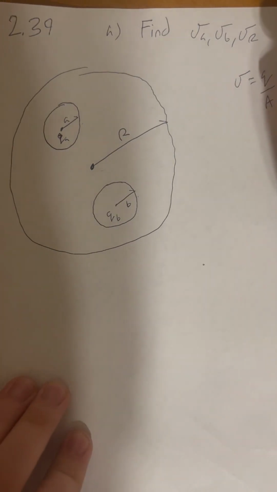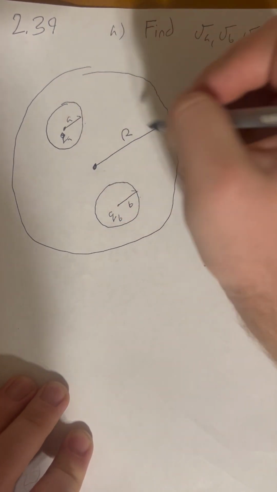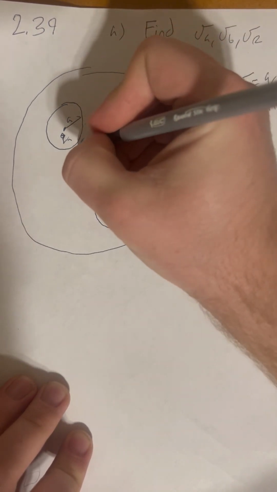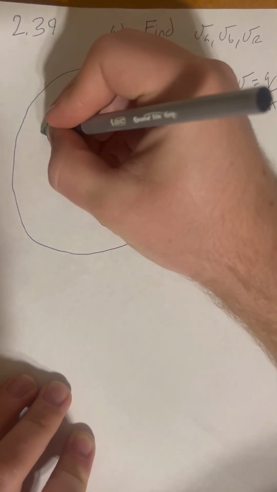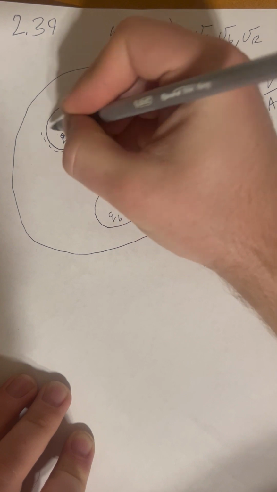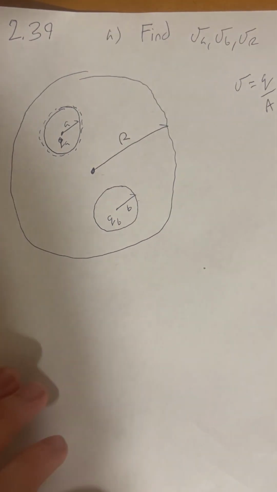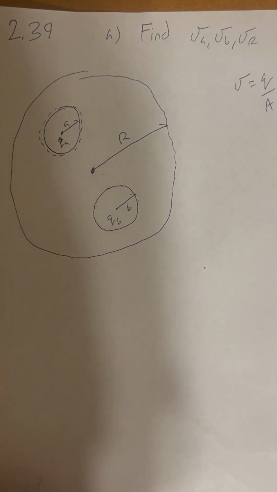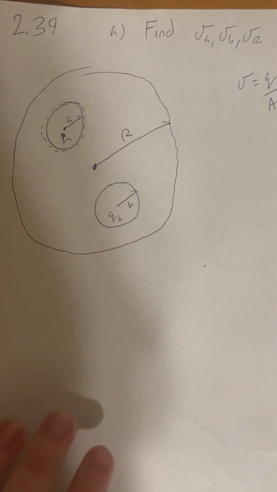So first things first, let's go through and draw. We have this point charge QA, and we know that it's going to induce a charge equivalent to the opposite, negative QA. And why is it doing this? We know that we're dealing with electrostatics, and in that case, the electric field inside a conductor is 0.